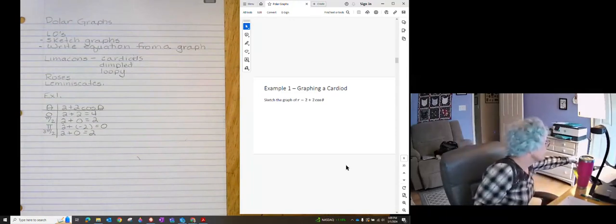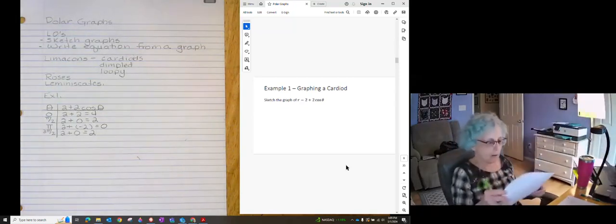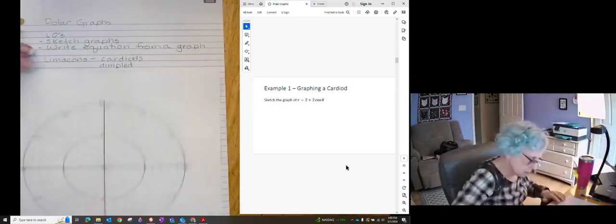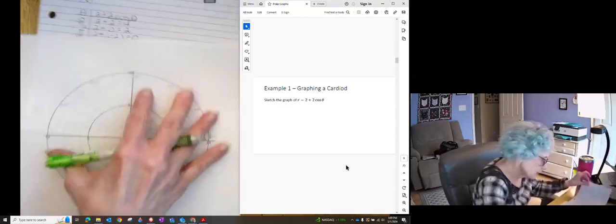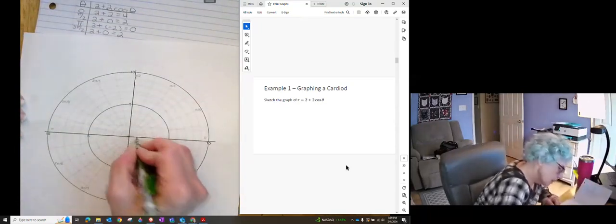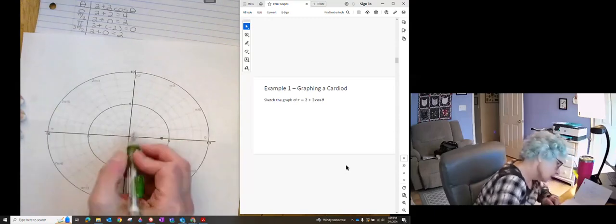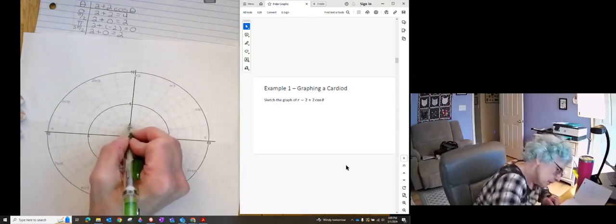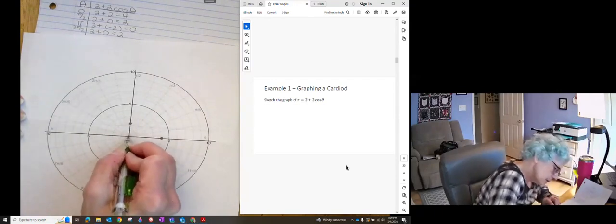So I'm going to grab a sheet of polar graph paper, which I printed out earlier. And I'll plot these points. 0, 1, 2, 3, 4. Pi over 2, 1, 2. Pi and 0.